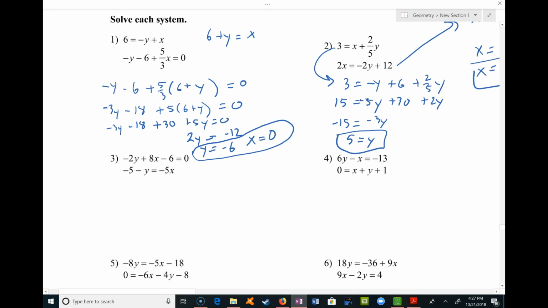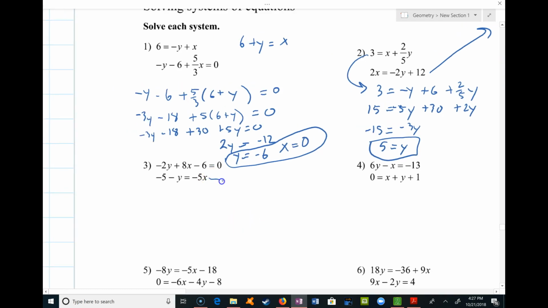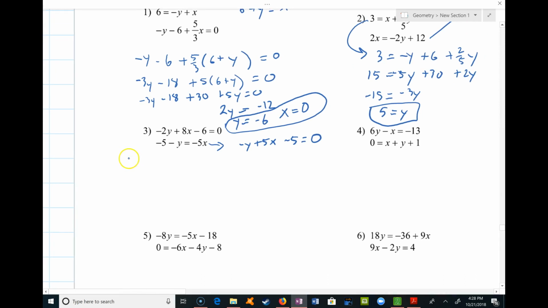If I move the 5 over here, I could change this equation to negative y plus 5x minus 5 is equal to 0. So now they're lined up nicely. So if I multiply this new equation that I built by negative 2, then I would have a negative 2y plus 8x minus 6 equals 0.